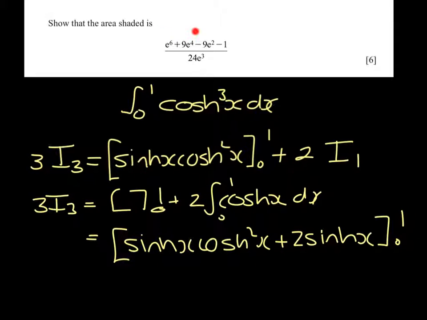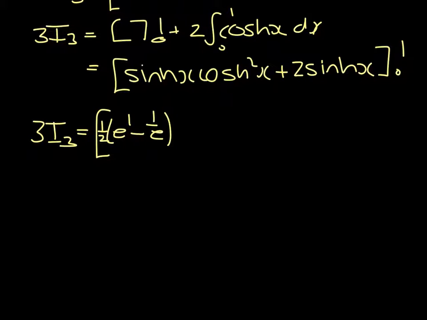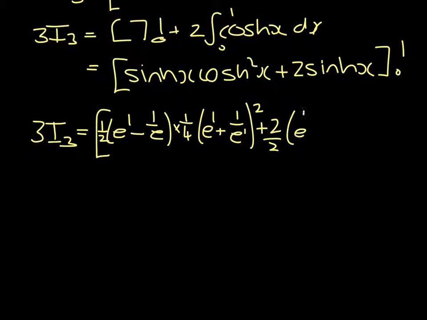Now, because of the answer to the question, I know I'm going to have to use the exponential form of the hyperbolics. So 3 I3 equals, sinh is 1/2 times e to the 1 minus 1 over e. Cosh squared will be 1/4 times e to the 1 plus 1 over e to the 1, all squared, plus 2 times 1/2 e to the 1 minus 1 over e.